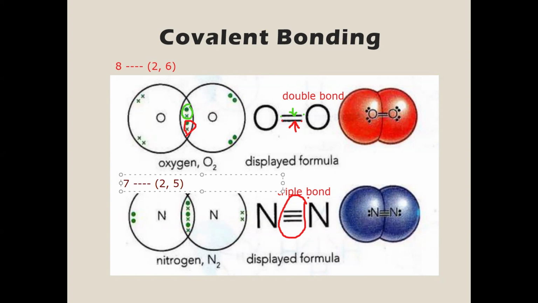The first shell will have 2 electrons, and that will be full because, as you know, the first shell is full with only 2 electrons, and all the other shells are considered full if they have 8 electrons. So for these 5 electrons to be full, it requires 3 more electrons.